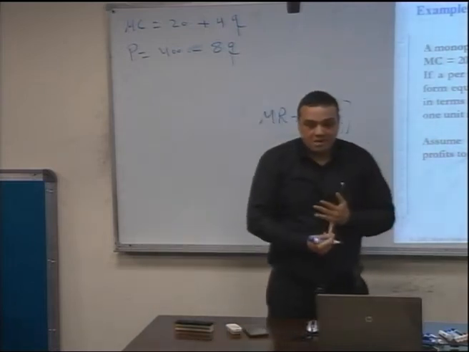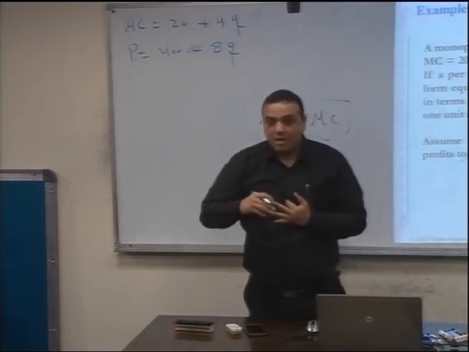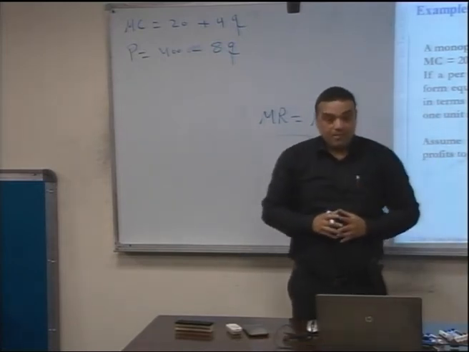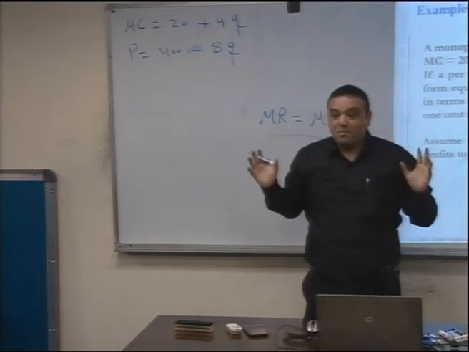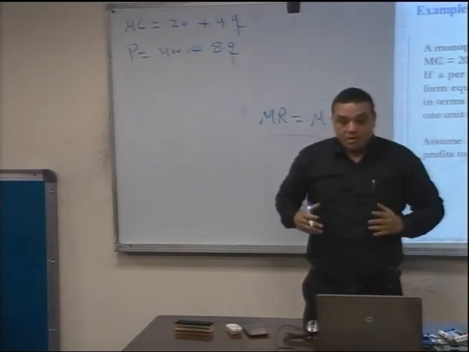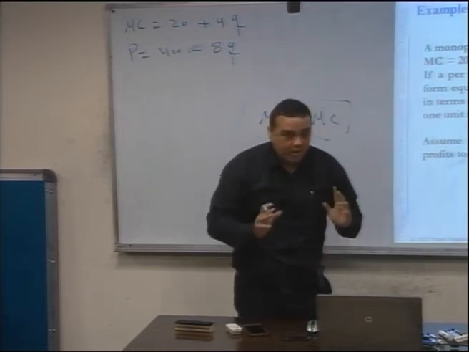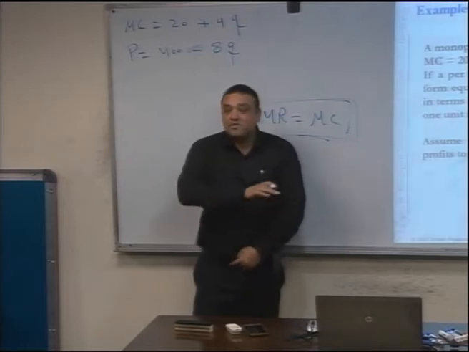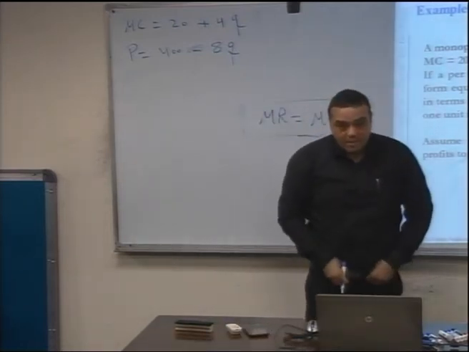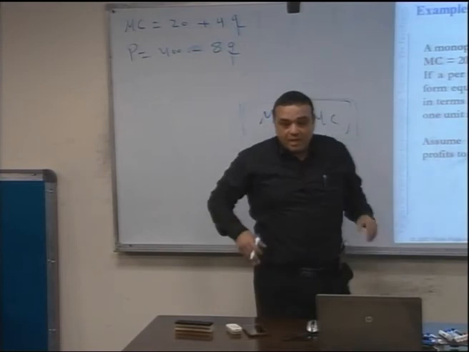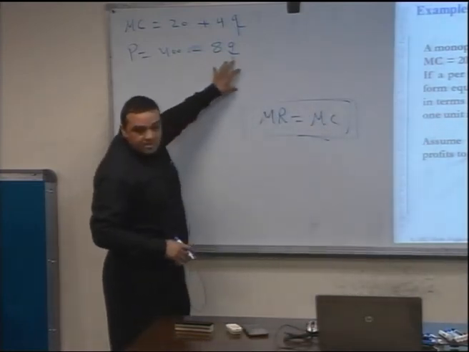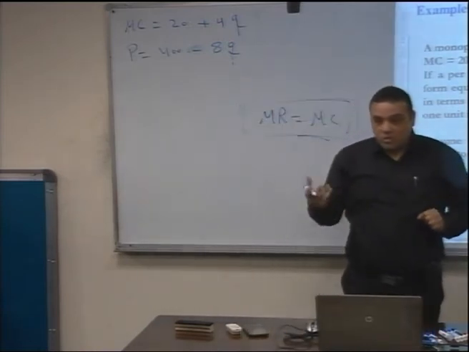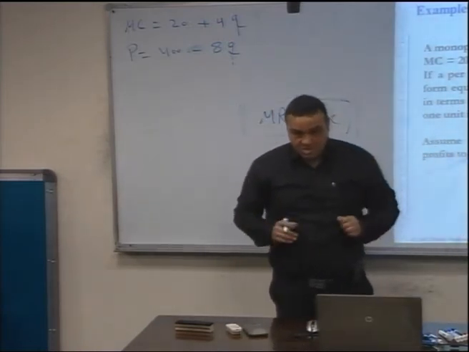In the perfect competition market, the monopoly market, the oligopoly market, in general in public economics, the equilibrium or the best point or the optimality occurs when the marginal revenue equals the marginal cost. This is in all markets. So we have to deal with the situation as profit maximization occurs when marginal revenue equals marginal cost.